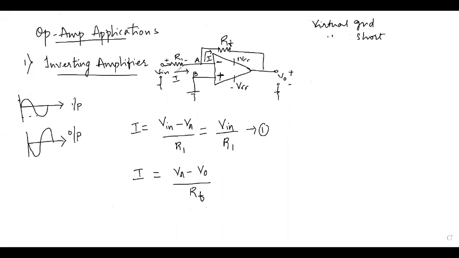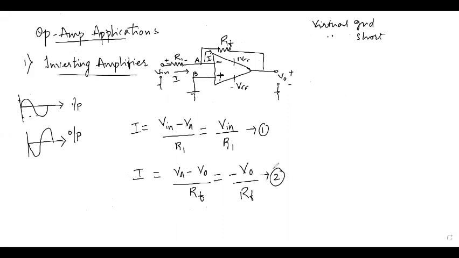Here in this case, it is flowing from left to right. Therefore, I'll write the equation as Vin minus VA divided by R1. So here as well, VA minus Vo divided by RF. And I also know that VA is equal to 0 because of the virtual ground concept. I'll remain with Vo by RF. This is my equation 2.